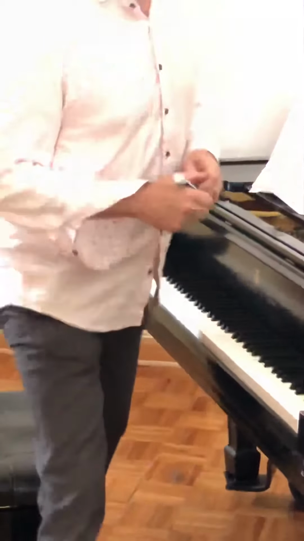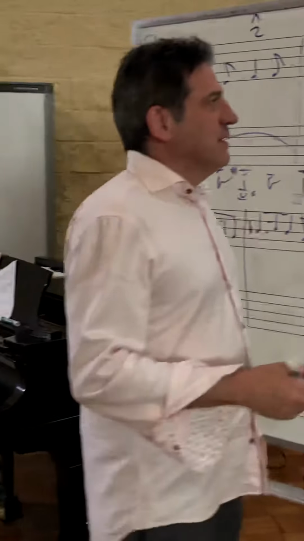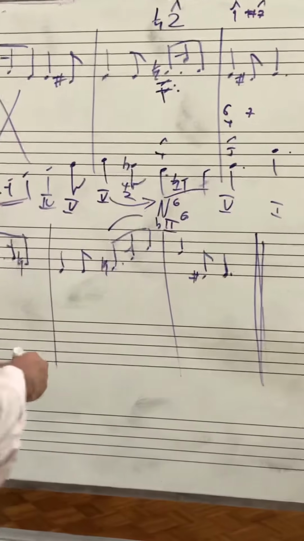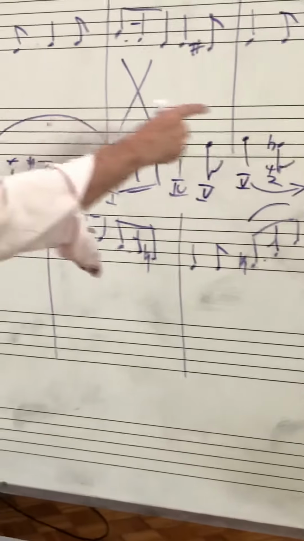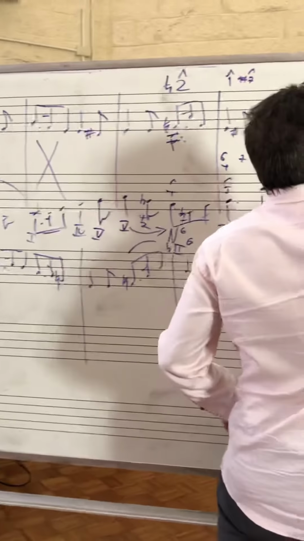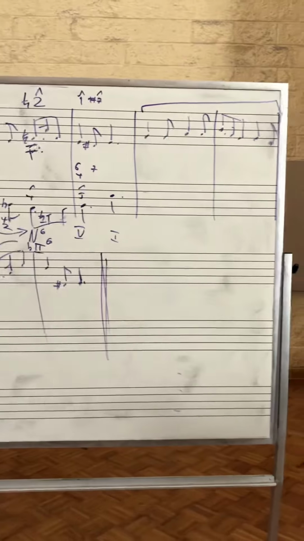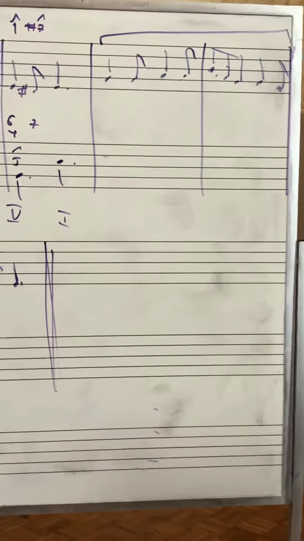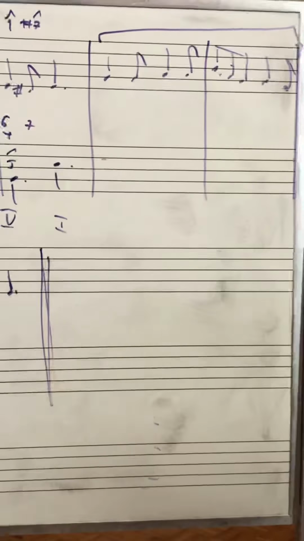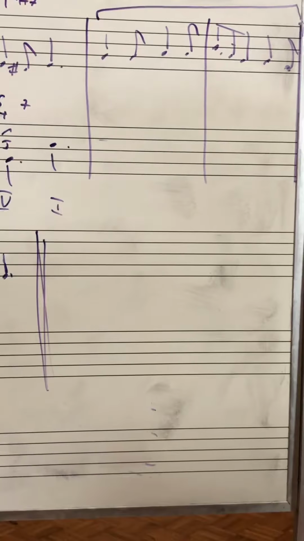Okay, so we have the first phrase. Now, you'll notice that the second phrase begins like the first phrase, but up a third. Up a third. That suggests that maybe we could tonicize 3.